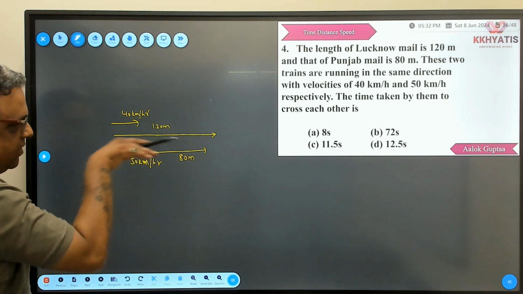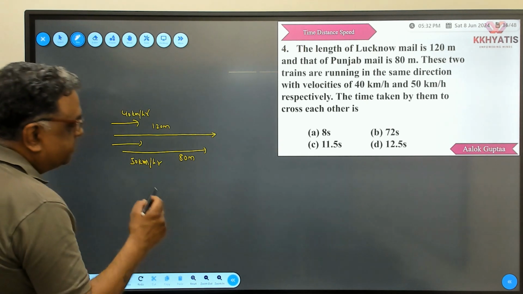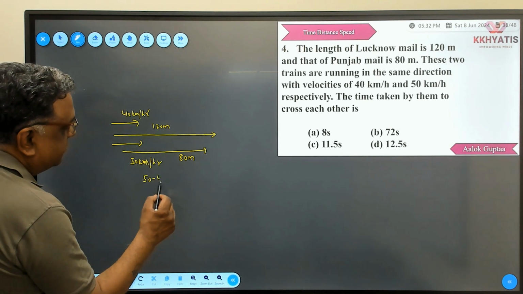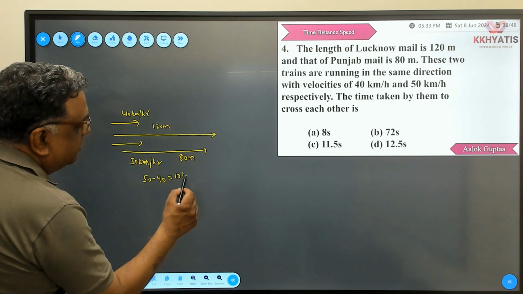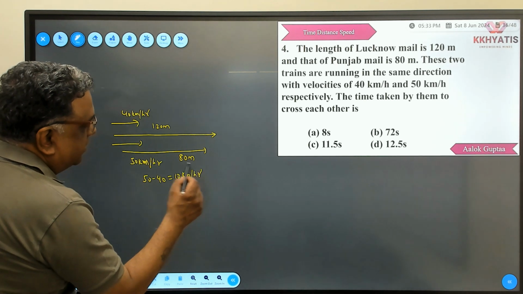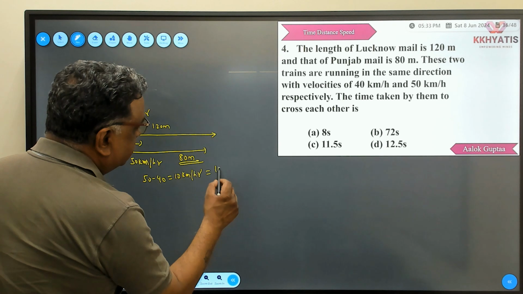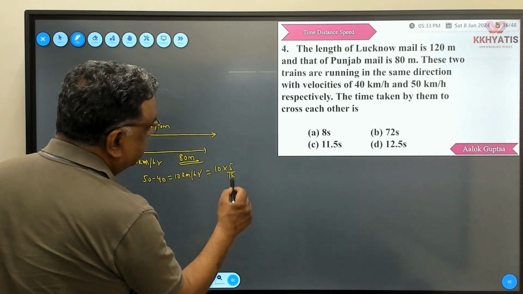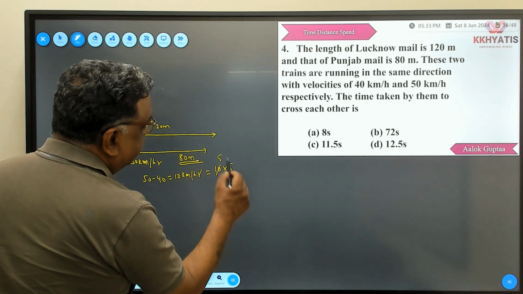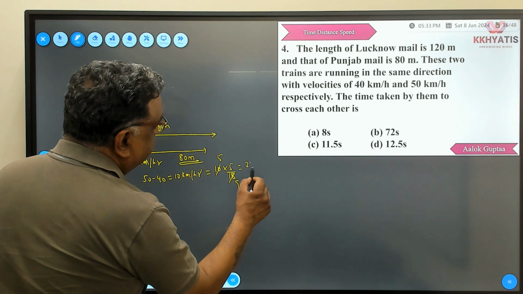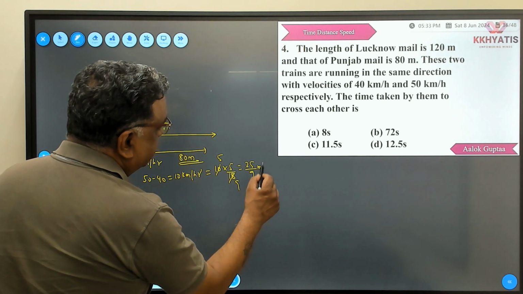Since they are traveling in the same direction, the effective speed is going to be 50 minus 40, that is 10 kilometers per hour. Now, since the length is in meters, I have to convert the speed into meters per second, which is 10 into 5 by 18, 25 by 9 meters per second.